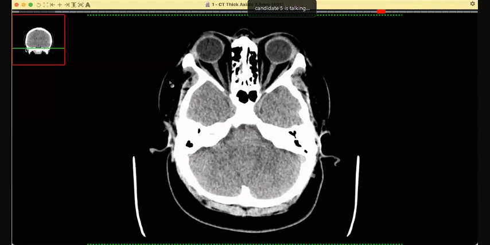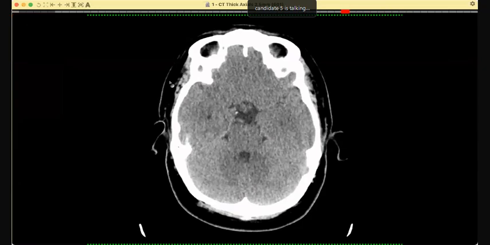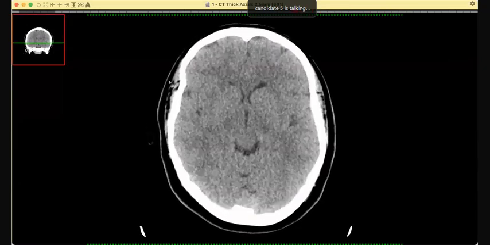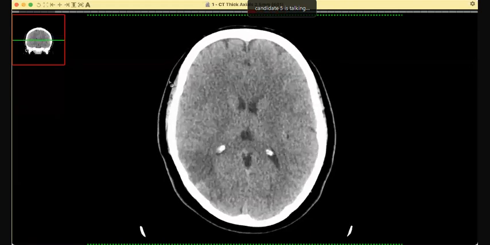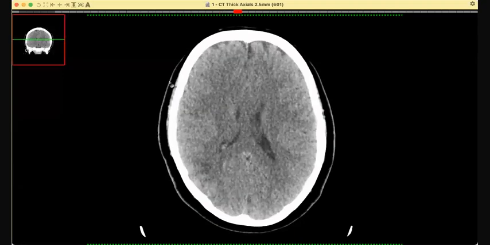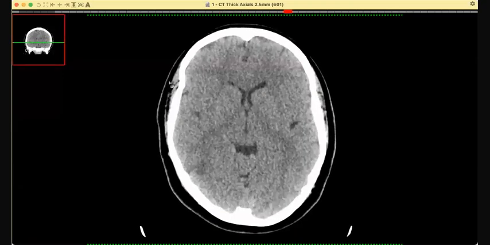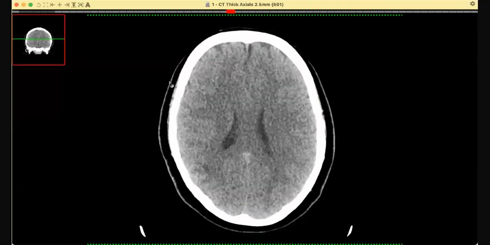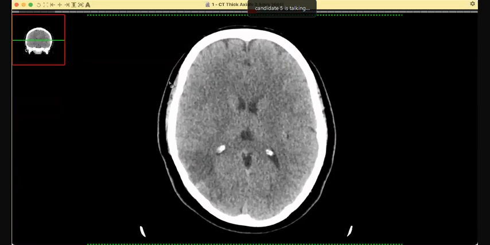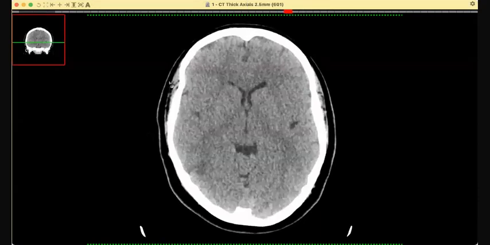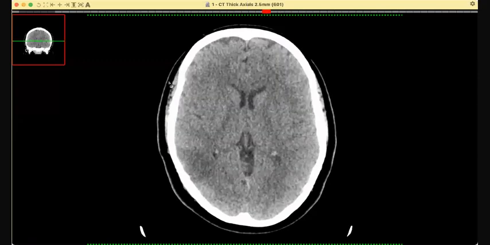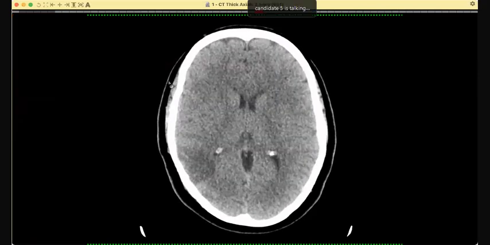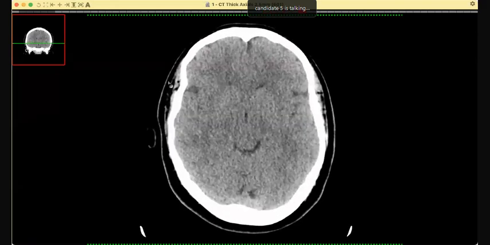I've been provided with non-contrast CT axial sections of the brain of this female patient who has presented with some stroke-like symptoms. I can see a hypodense area in the right temporal lobe. There is no hyperdense focus to suggest bleed in that region.